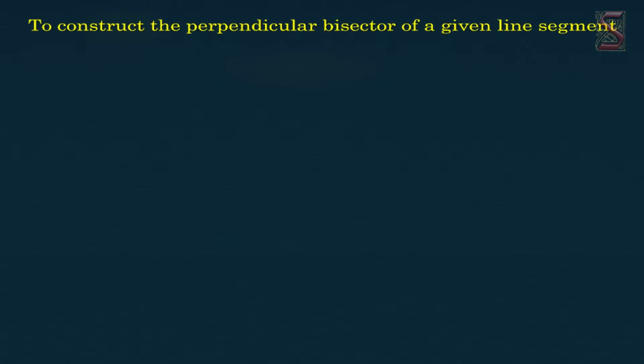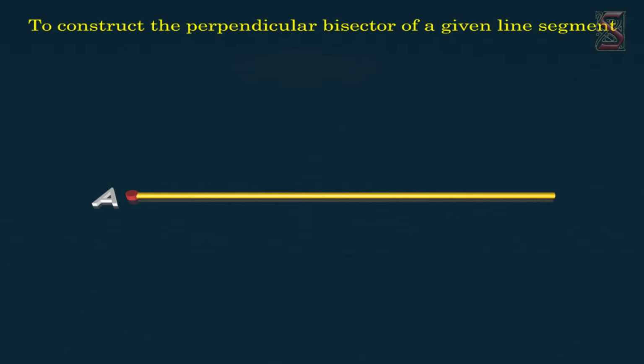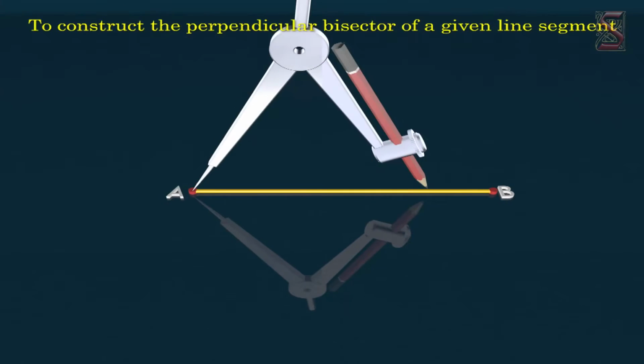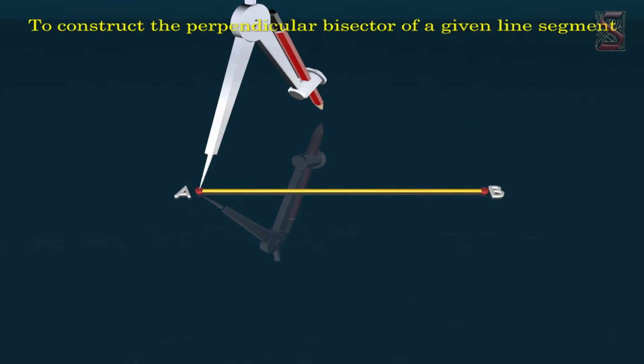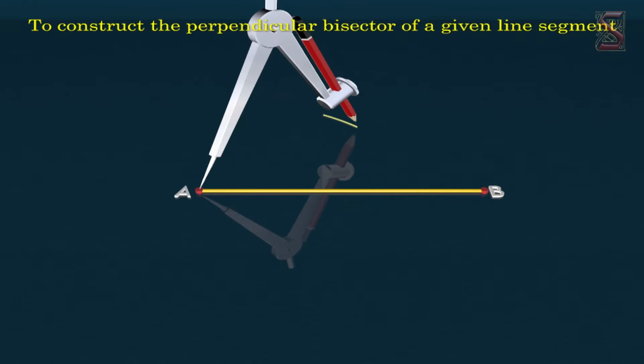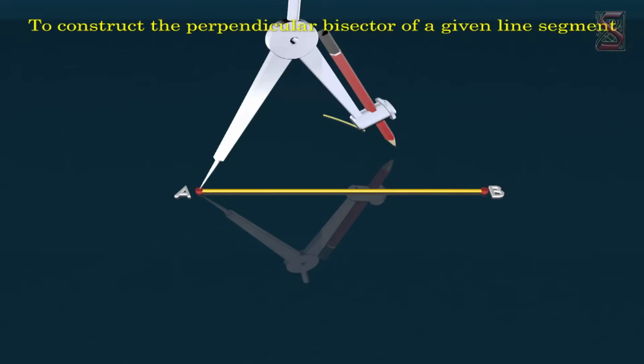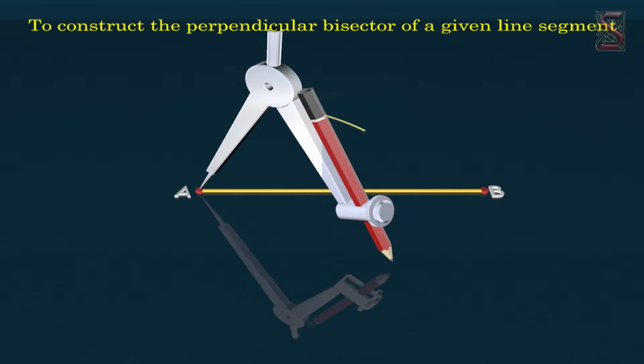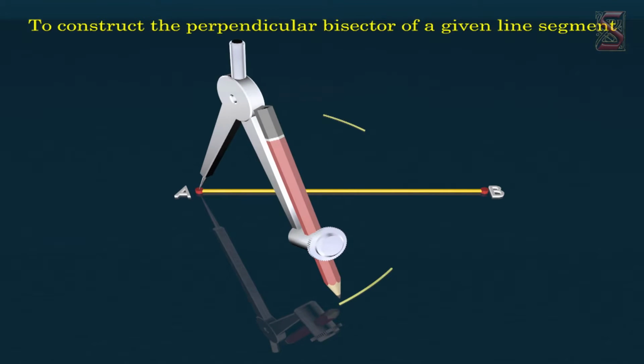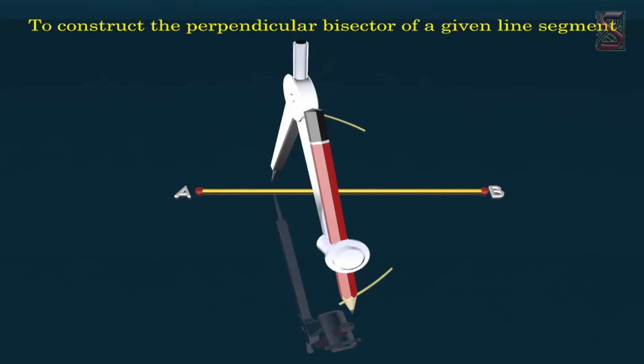Required to construct the perpendicular bisector of a given line segment. Given a line segment AB, we have to construct its perpendicular bisector. Steps of construction. Step 1. With A as center and radius more than half of AB, draw arcs on both sides of the line segment AB. Step 2.